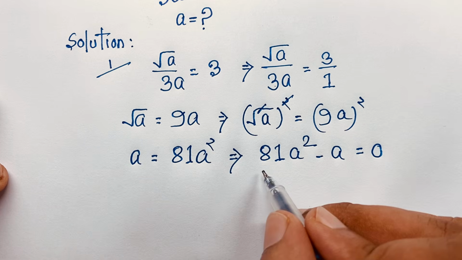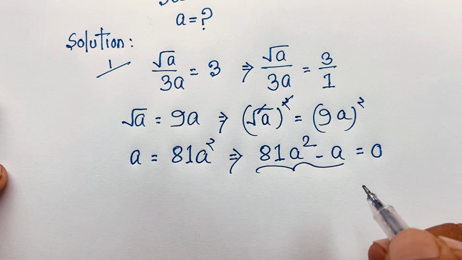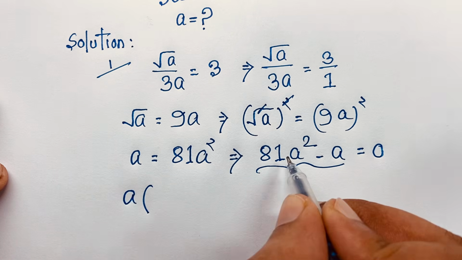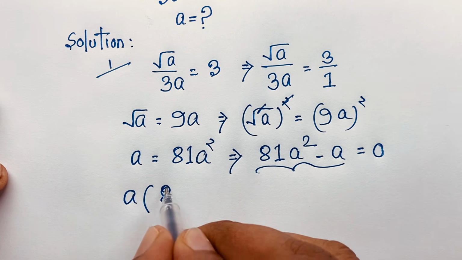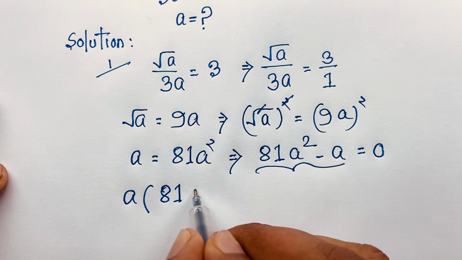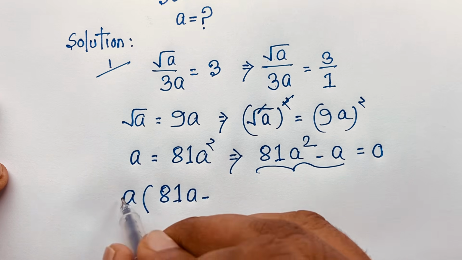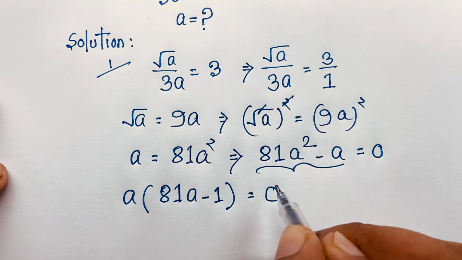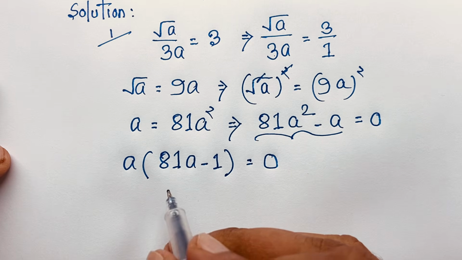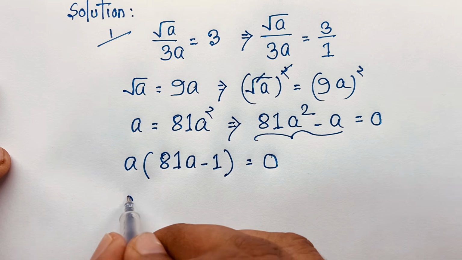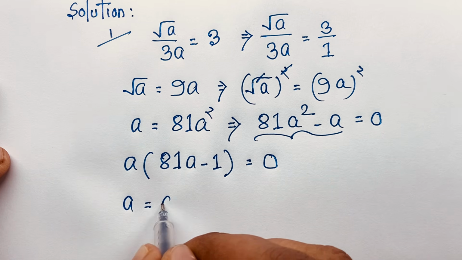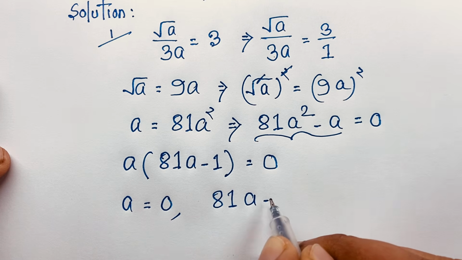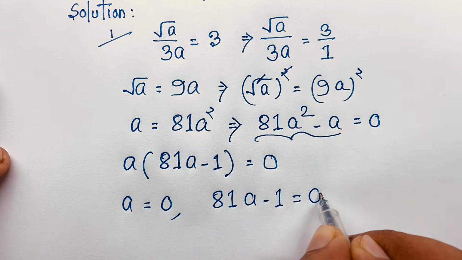So at this moment you can see easily that a is common. If I take a common, it will be a times 81a minus 1 is equal to 0. Now I use the zero product rule, so a is equal to 0, or 81a minus 1 is equal to 0.